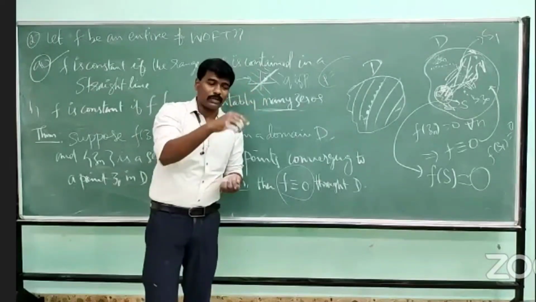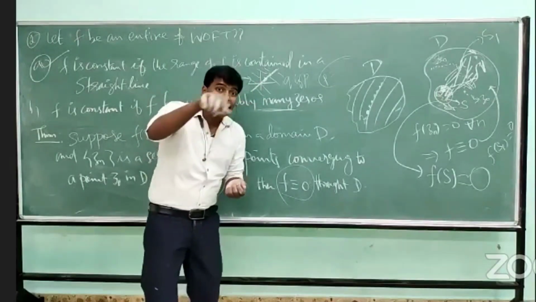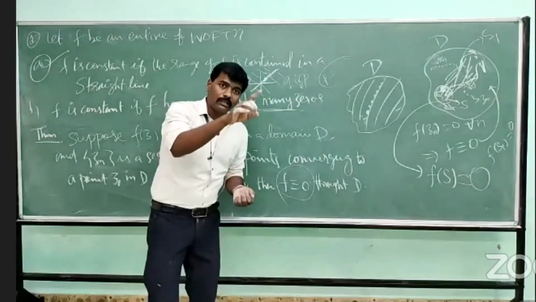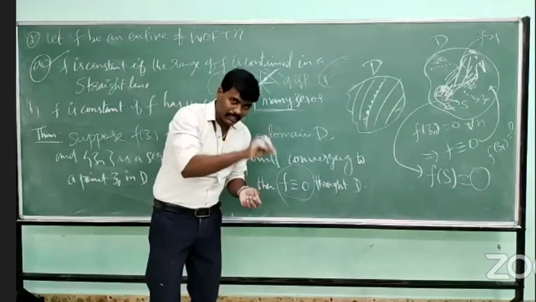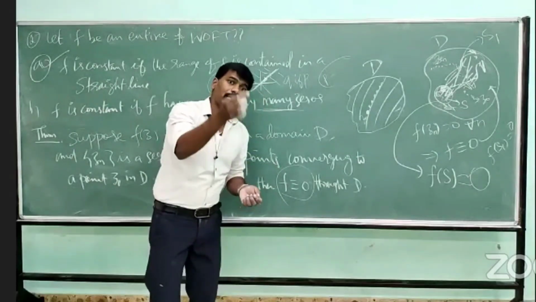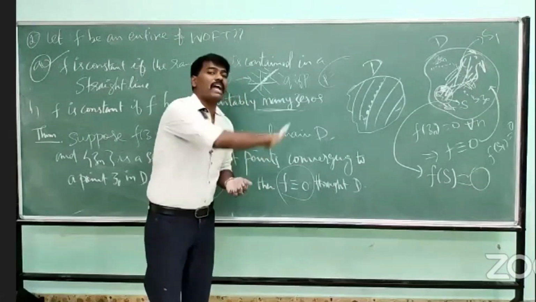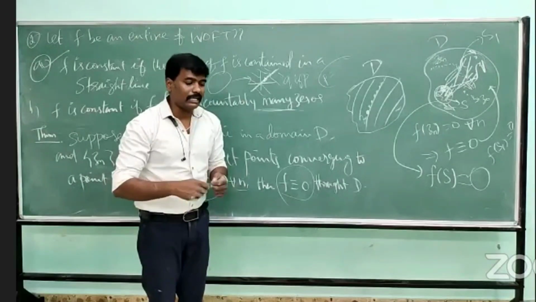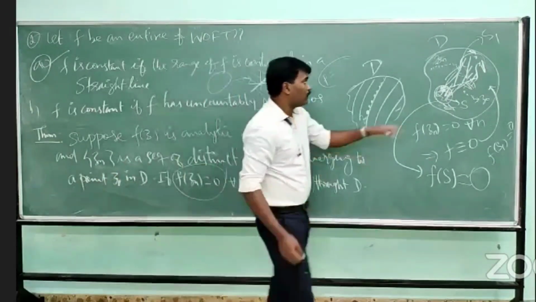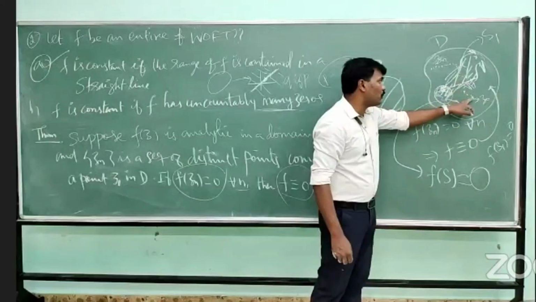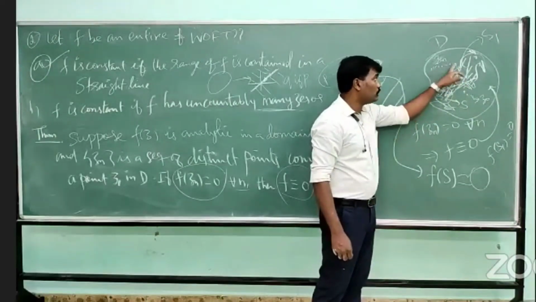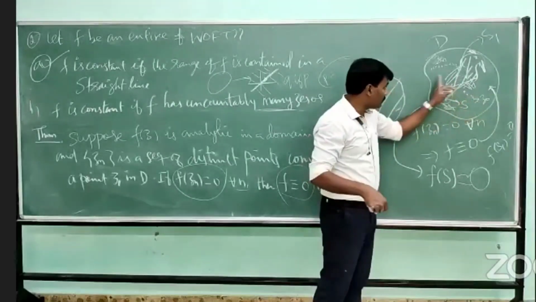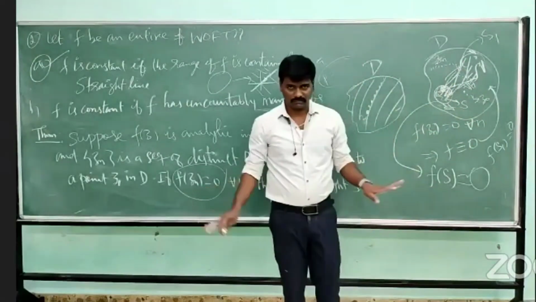We collect all those points, which form some set, just called S. If this set S has a limit point in D, then f vanishes throughout D. Indirectly they are giving a sequence of zeros of f with a limit point in D, so f is zero everywhere.